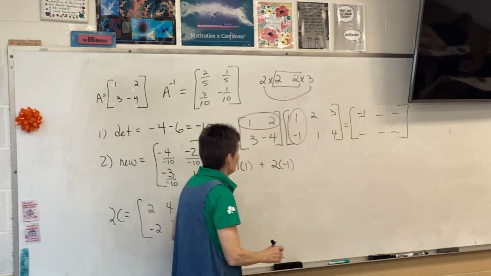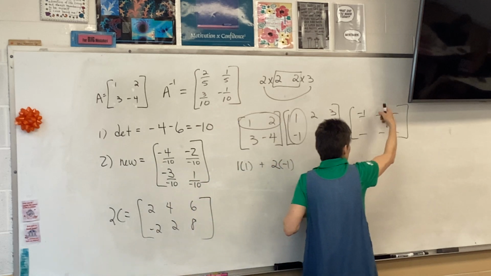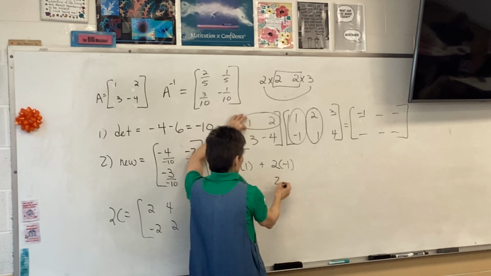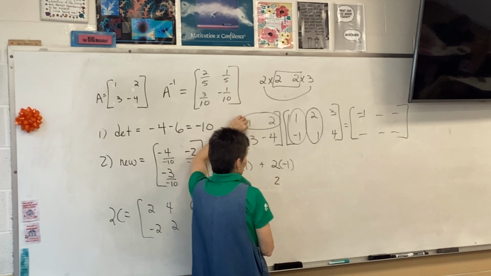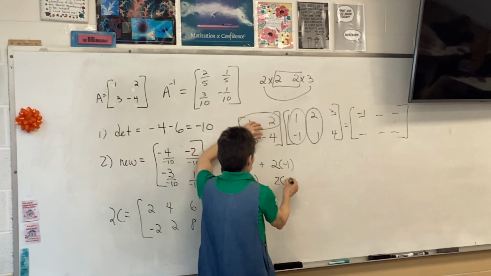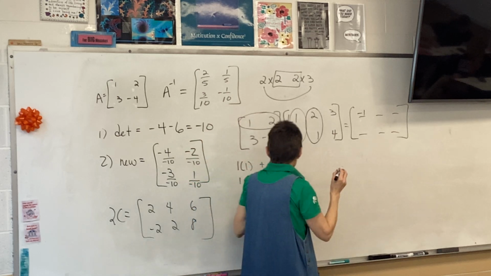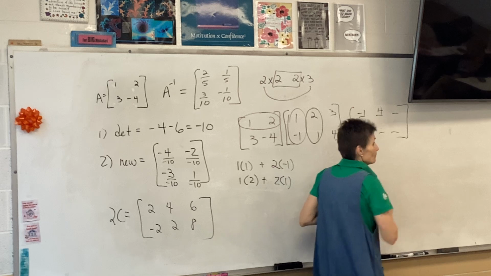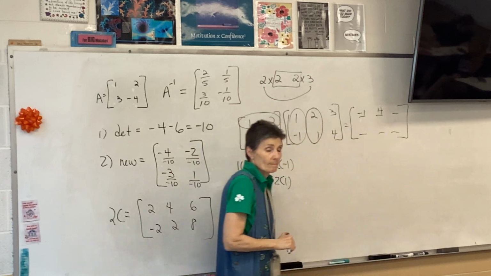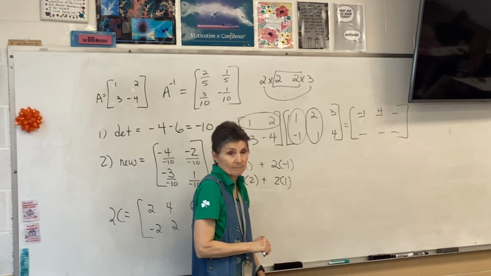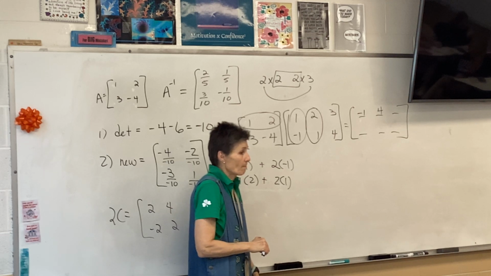Now I'm gonna go to first row, second column. So here's my first row. Here's my second column. So it looks like that number is going to be 4. Now you finish the rest. Okay. You finish the rest for me.